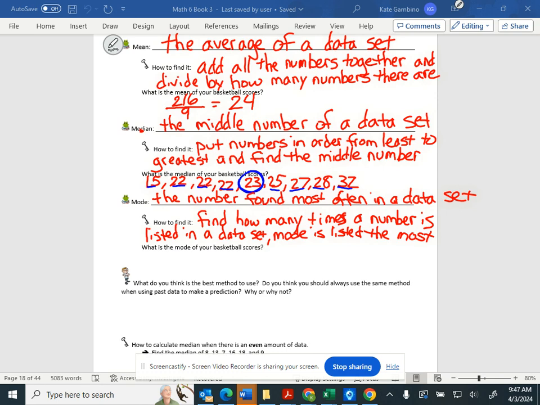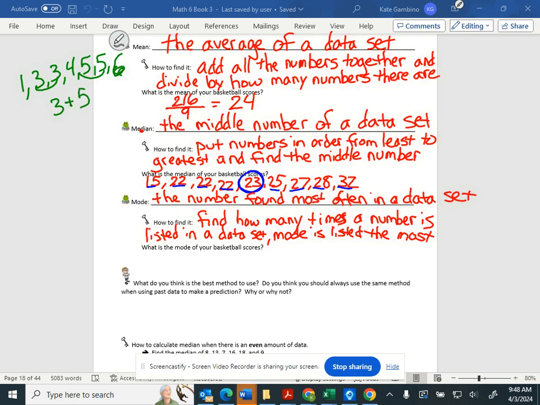So if we had, let's say, 1, 3, 3, 4, 5, 5, 6, what would my mode be of that data set? Yeah, I've got 2 3s and 2 5s, so my mode would be 3 and 5.